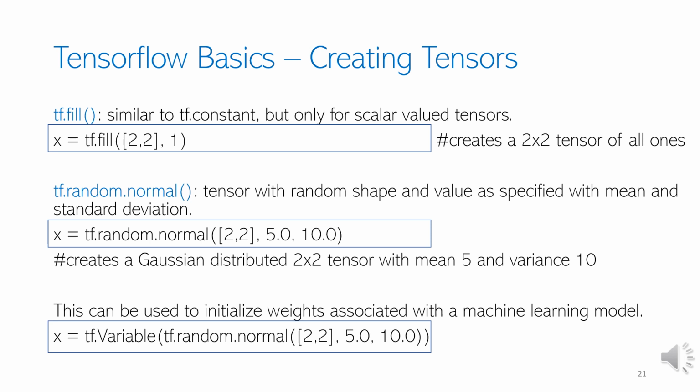Another very useful way to create tensors with random values is tf.random.normal. This will create a tensor with a specified shape, and the values will be filled using a random variable with, for example, in this case, with specified mean and standard deviation.